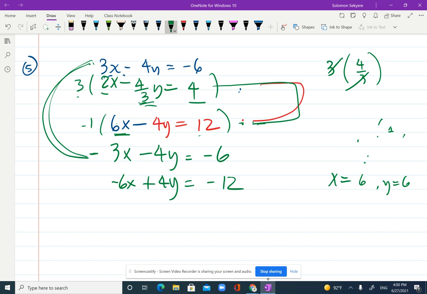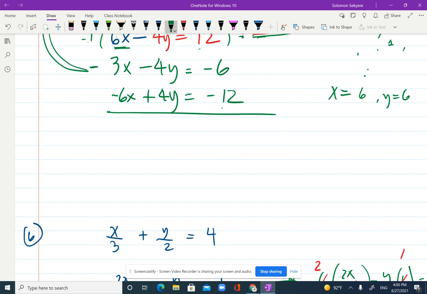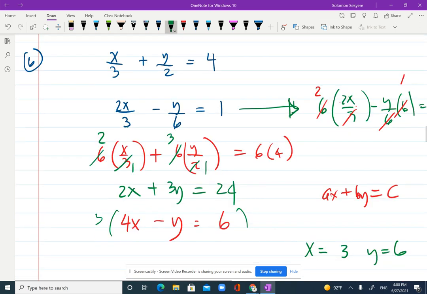This becomes negative 6x, negative 1 times negative 4y becomes positive 4y, negative 1 times 12 becomes negative 12. So now we have converted one of them to the opposite sign. Okay, what do you do next? Now you go back to what we've been doing. You add, you eliminate one of them, you solve for the other.